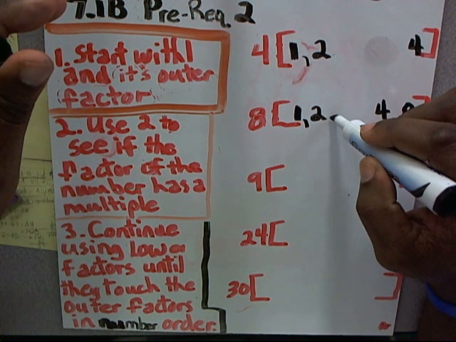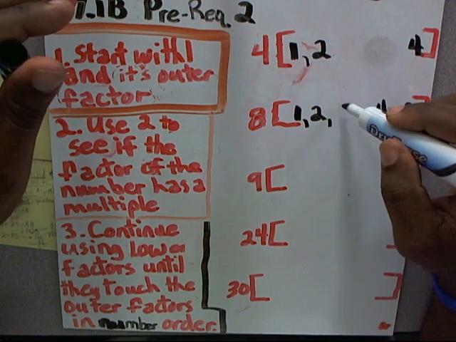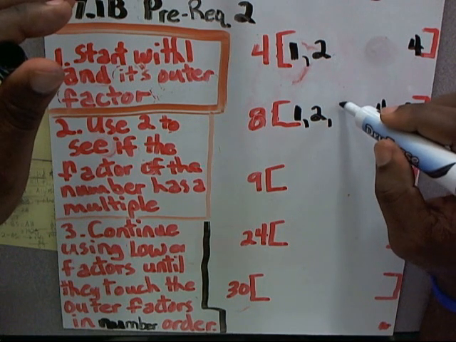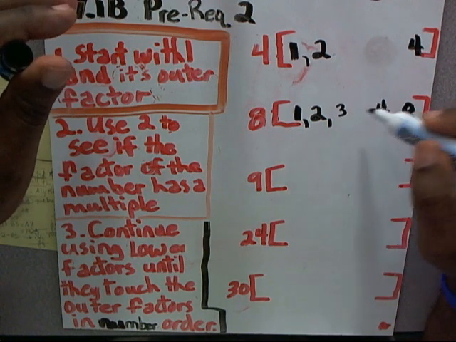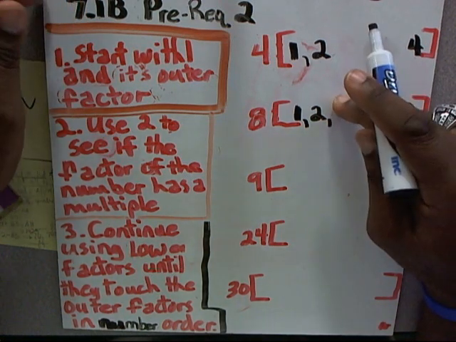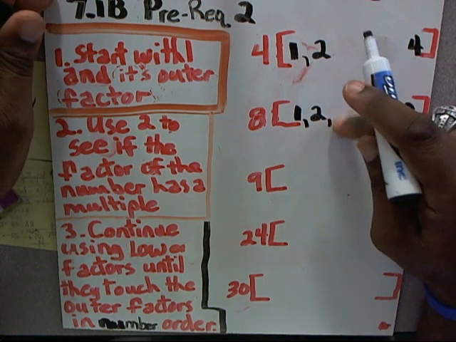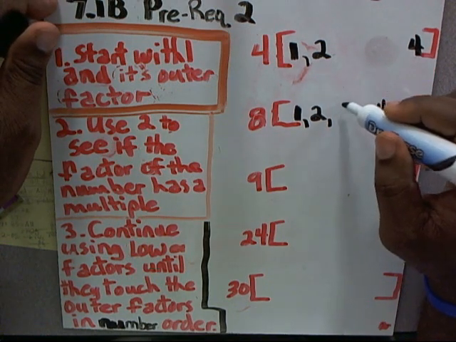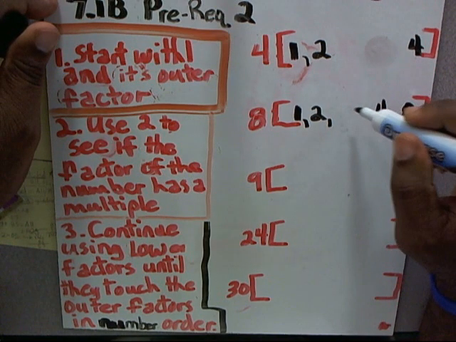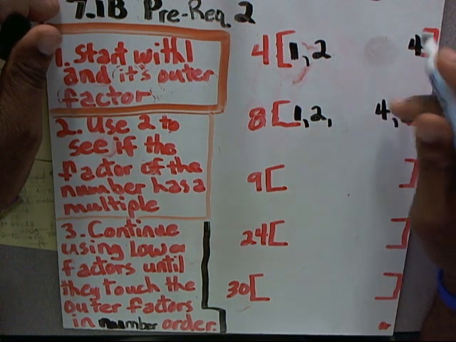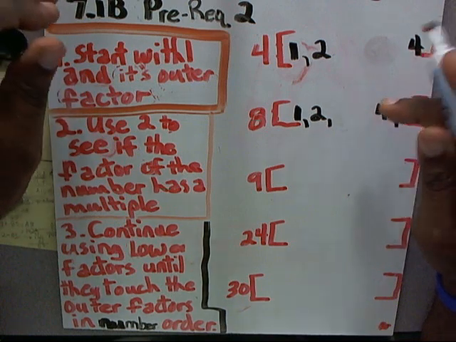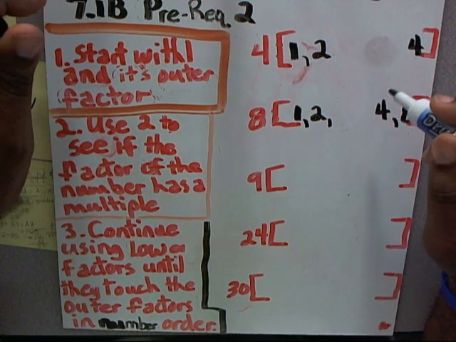Okay, the next number would be 3. Will 3 go into 8? No, it won't. So since 3 can't go into 8, I'm not going to use it. The next number will be 4. Well, we already have 4. So we know 4 does go into 8 already, and it goes 2 times.